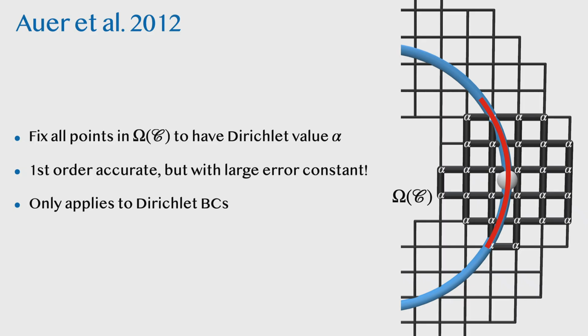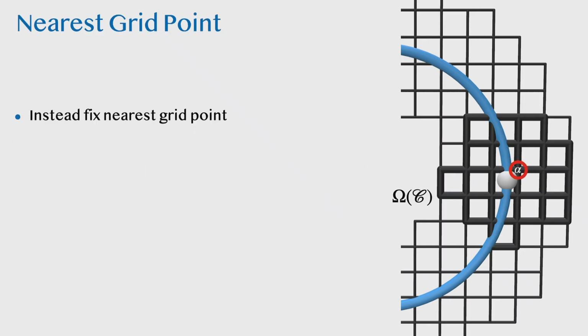Yeah, and so during our exploration of interior boundary conditions, we realized that you could actually do a little bit better than this and just fix one grid point instead with the Dirichlet value. It is, however, still only first order accurate, but it does improve the error constant.